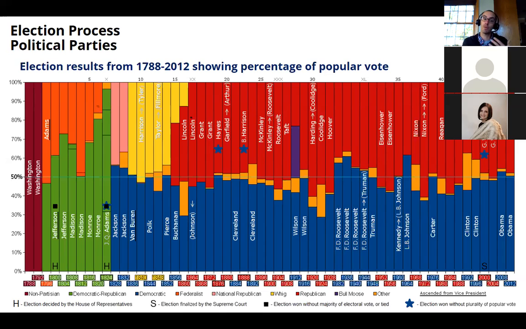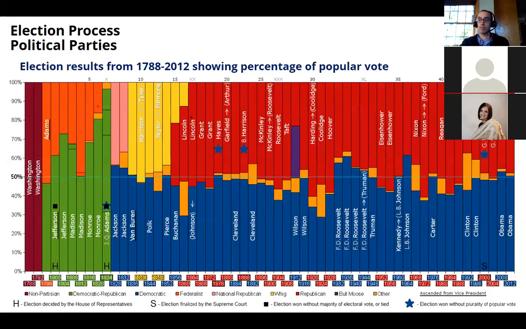Washington didn't like it. In his farewell address on leaving office after his second term, his warning was, be careful of these political parties, because people are going to focus too much on the political party and not think for themselves. And that was his big warning.